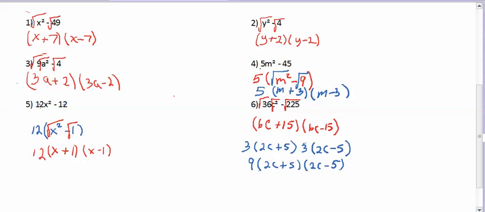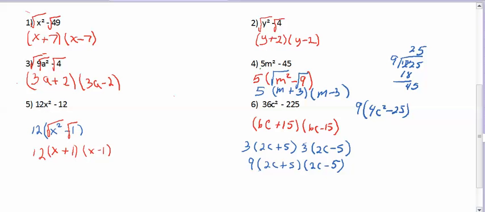Because if I looked at the very beginning, which I probably should have done, I should have recognized that I could have taken a 9 from the 36, because 9 times 4 is 36, and I could have taken a 9 out of 225, and let me show you. That would have been 25.